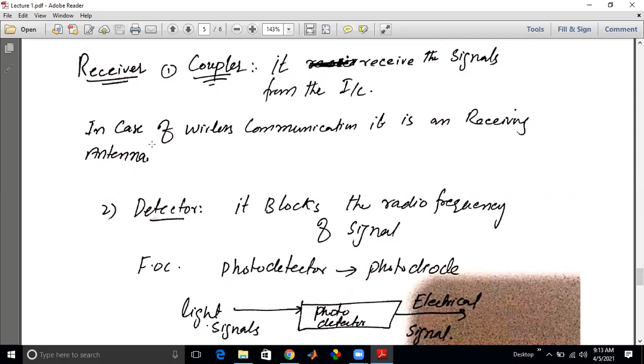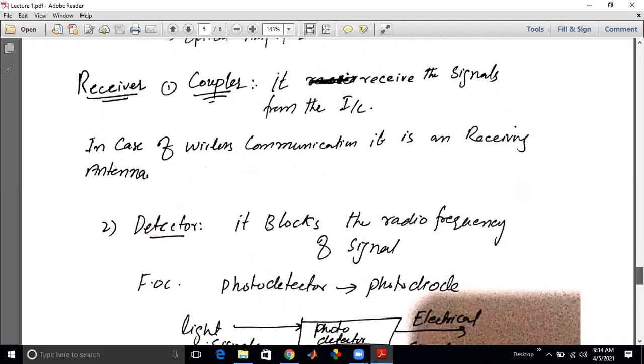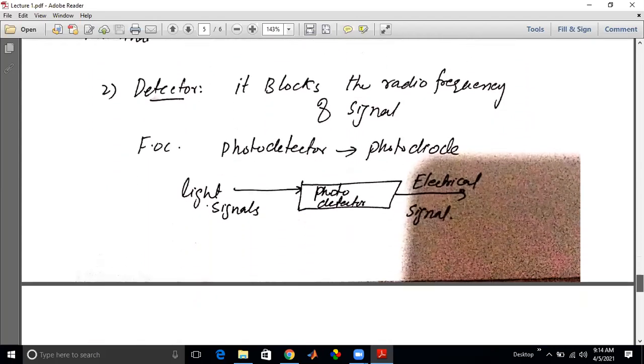In the case of optical fiber, it will be a photodiode. And this photodiode, in the case of optical fiber, will do the function of both coupler and detector. But in the case of wireless, we will use the receiving antenna for coupling, and we will use a detector.